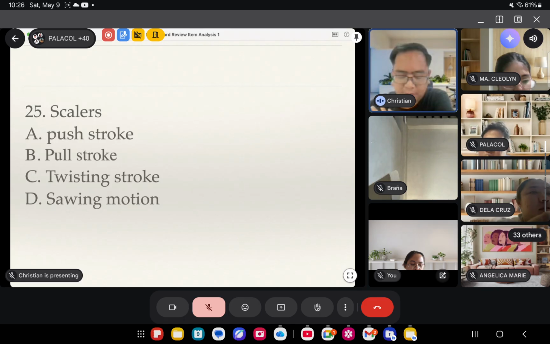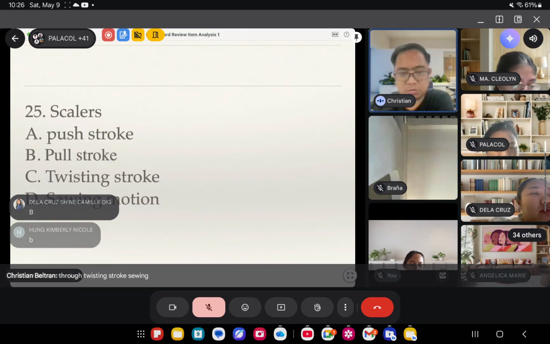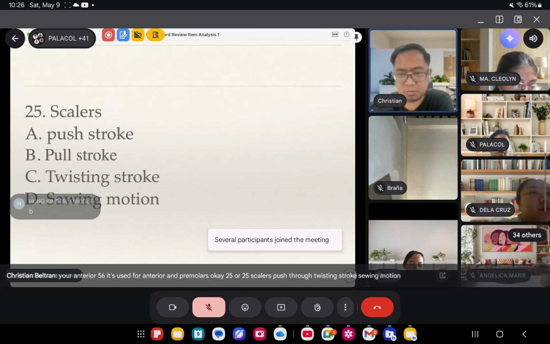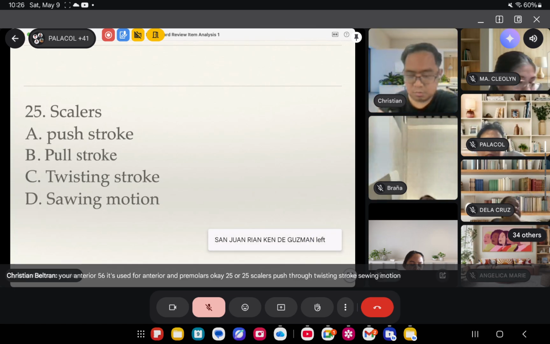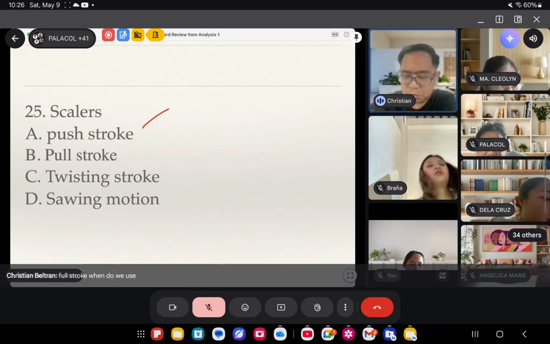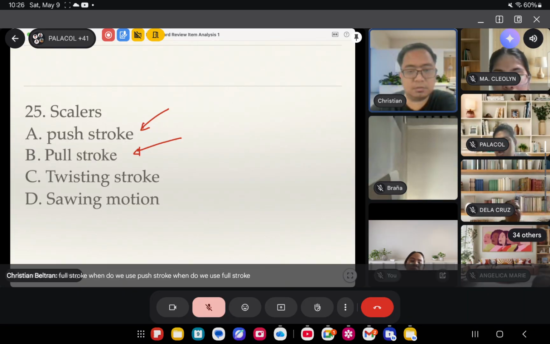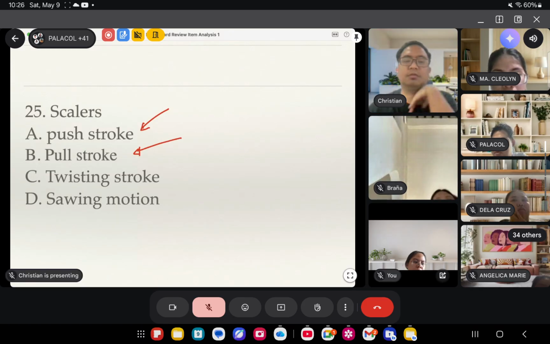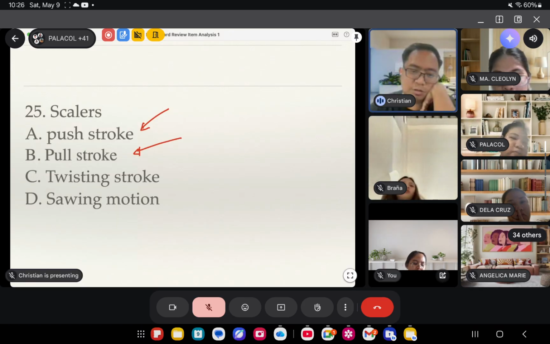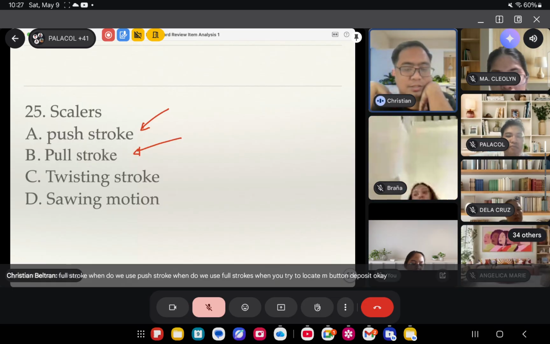25. Scalers. Push stroke, pull stroke, twisting stroke, sewing motion. When do we use push stroke? When do we use pull stroke? First, you try to locate the bottom of the deposit, where it ends.